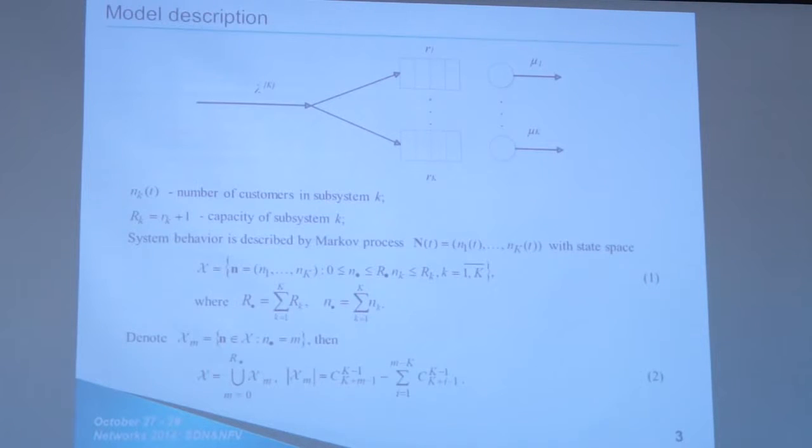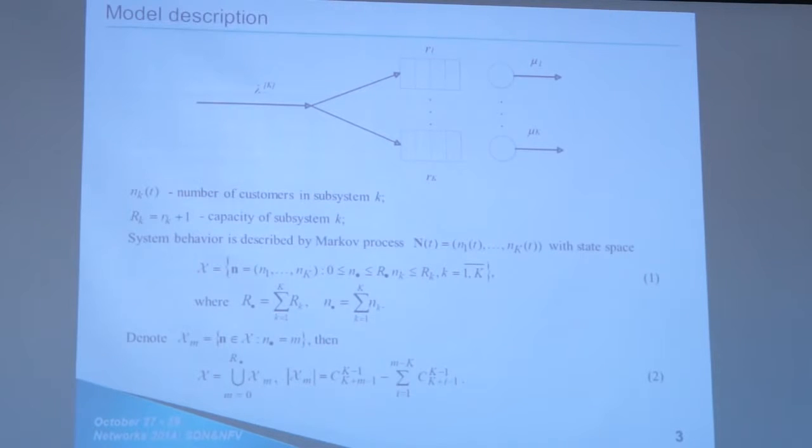We assume that batch arrivals form a Poisson process, and that service times of the servers are exponentially distributed. Then, in this case, the system behavior can be described in terms of a Markov process, which consists of several components. Each component represents the number of customers on each server.